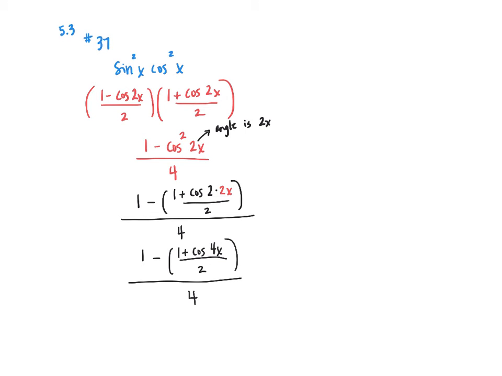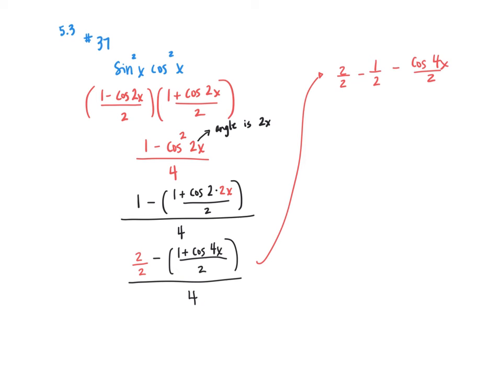You know, I might do this where this 1 is, I'm going to just write it as 2 over 2. So you can see that I'm going to have 2 over 2 minus 1/2 minus the cosine of 4x over 2.